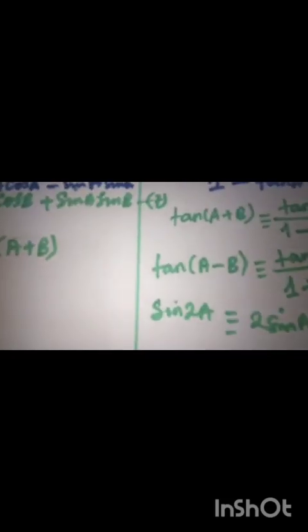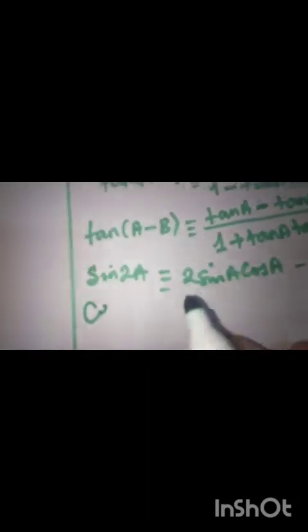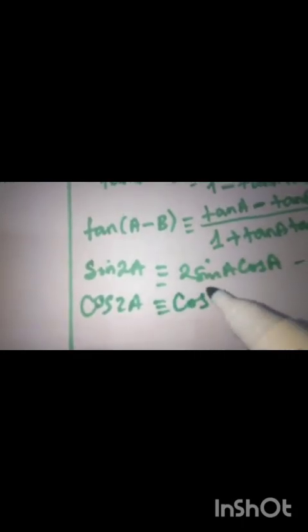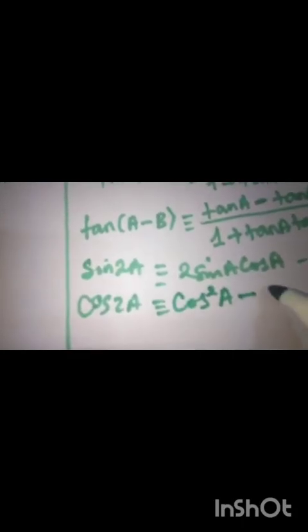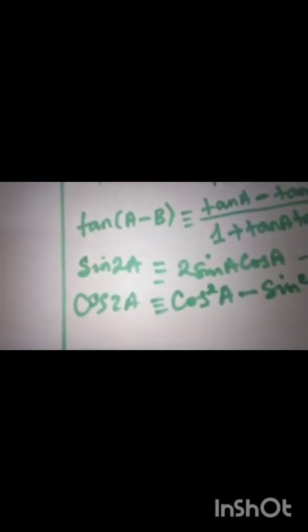So that sets us to the 11th identity: cos 2A will be cos squared A minus sine squared A, identity 11.